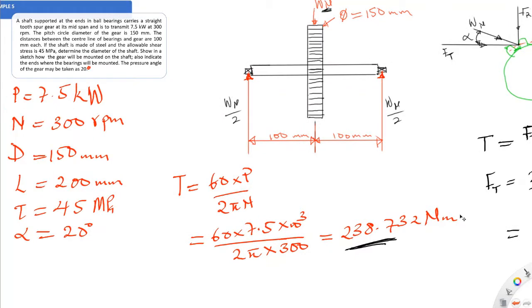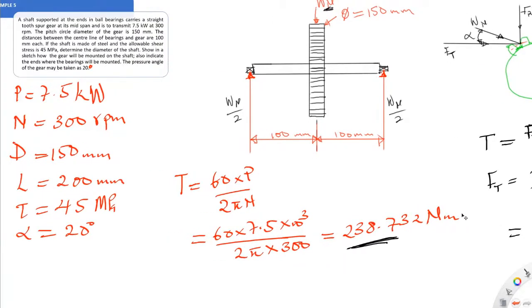So what you can do is go through the processes again, but this time using the maximum normal stress formula, and see what you will get.